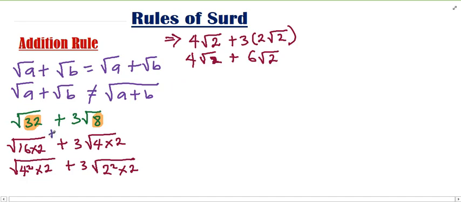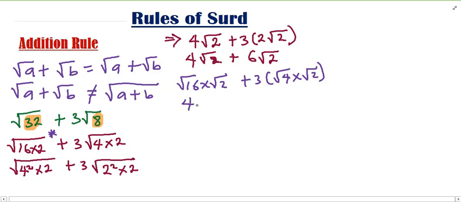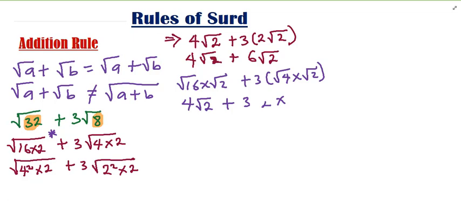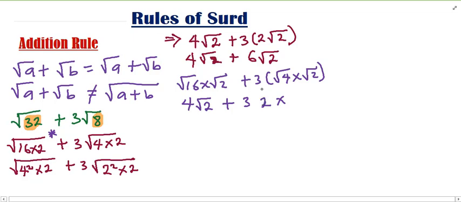Another approach you can use, which might be more ideal, is to start from this part and say surd 16 multiplied by surd 2, plus 3 in bracket surd 4 multiplied by surd 2. So surd 16 is 4, because the square root of 16 is 4, multiplied by surd 2 is 4 surd 2, plus the square root of 4 is 2 multiplied by surd 2, which cannot be simplified.